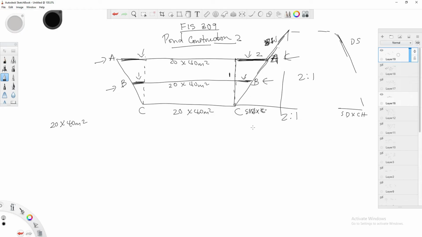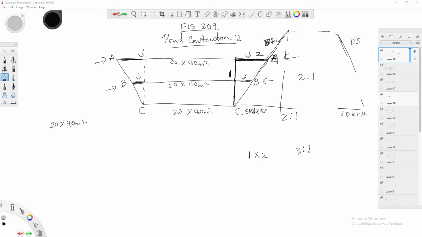So that means if construction height is 1, this place will be times the ratio. So what am I saying in essence? It means if this whole thing here is 1, what you have here will be 2. So if the ratio is 3:1, it means if everything here is 1, what you have here will be 3. And so on.